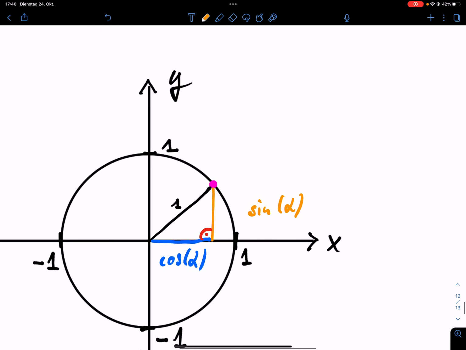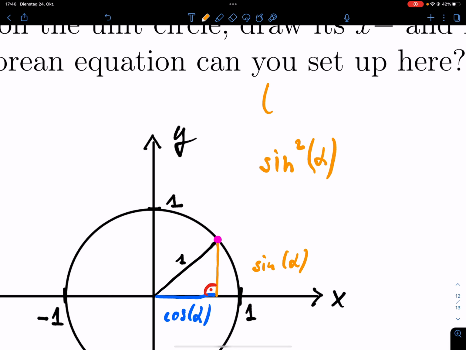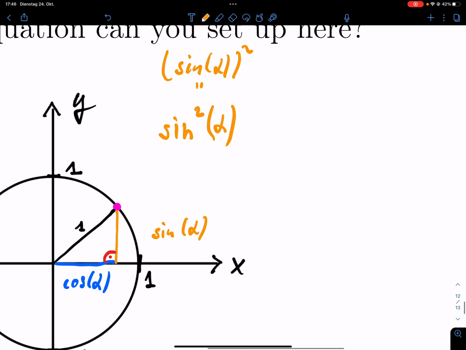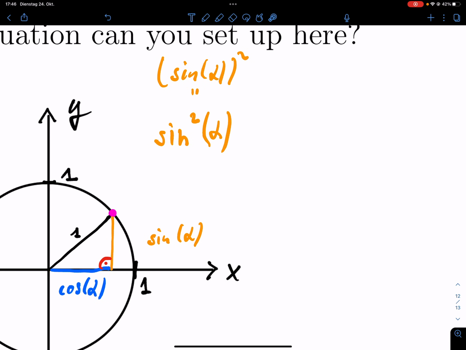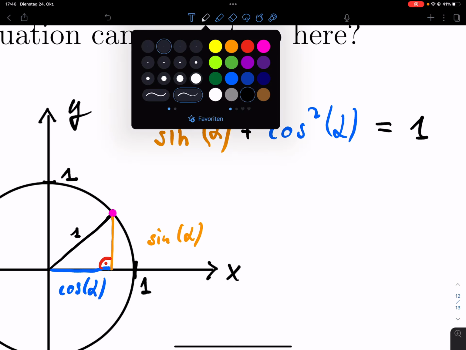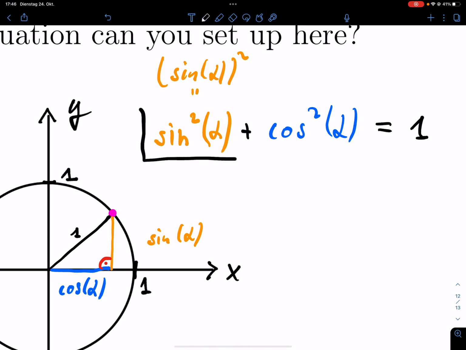So here in our triangle, we know that the square of the sine is sine squared of alpha. You can also write it as sine of alpha squared, but that's the same thing. Mathematicians just like this version a little bit better because you don't have to put those two brackets. So you have sine squared plus the other side squared, cosine squared, is equal to 1 squared. That's the hypotenuse, but that's just 1.